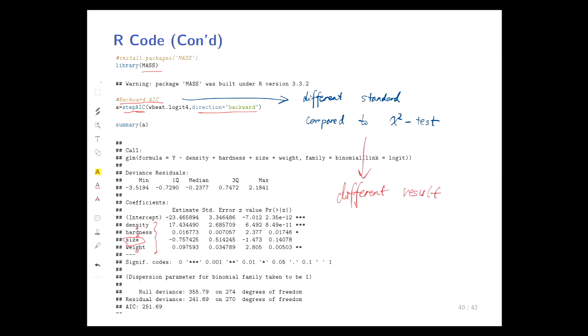That's not surprising for us. So please remember that if we have different results, that's not surprising. But in order to see which result is better, we can discuss from a lot of other perspectives which method is better.